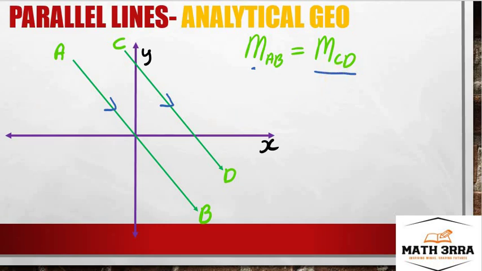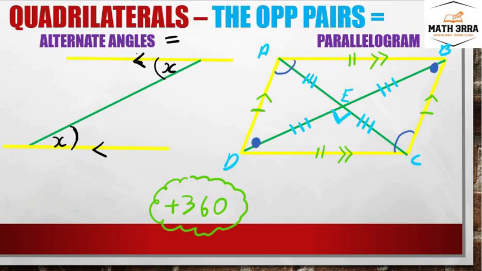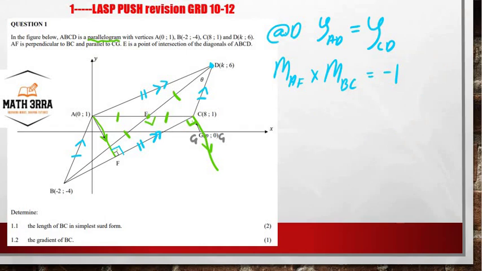So this specifically speaks to us when we are looking at our question in here. That must then mean that the gradient of line AB, seeing as AB is parallel to line DC, then the gradients of those two lines must be then what? Equal. We can make that deduction.